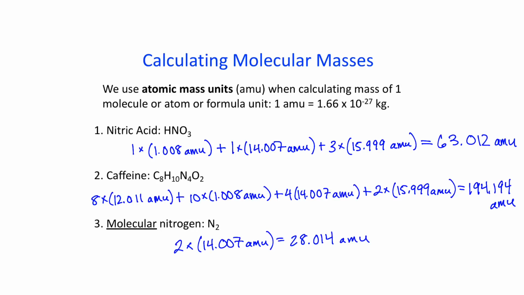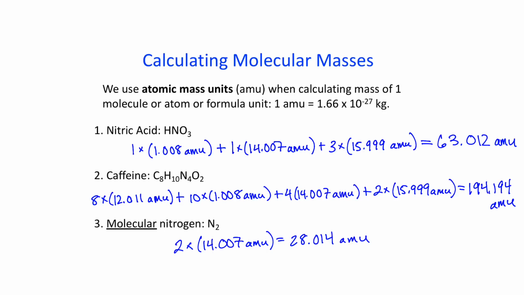Okay, how'd you do? So here are my answers for the last 2 examples. Caffeine has a much more complicated chemical formula, but you're still using the same method. Just take the number of atoms you have, so 8 carbon atoms, multiply it by the atomic mass for carbon, and then so on for each part of your chemical formula.